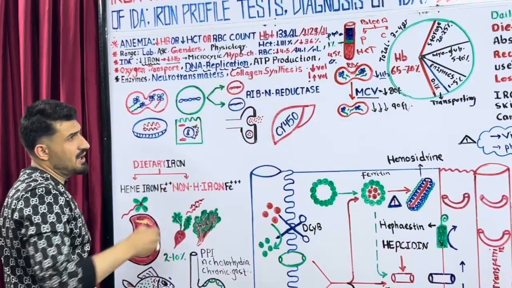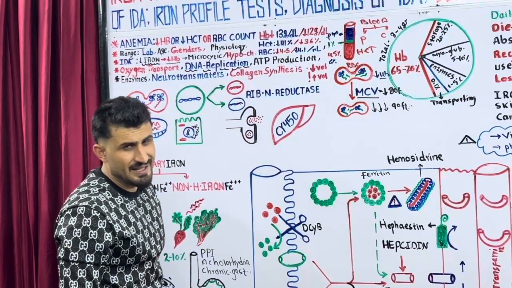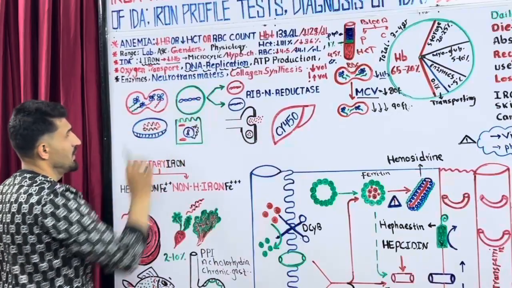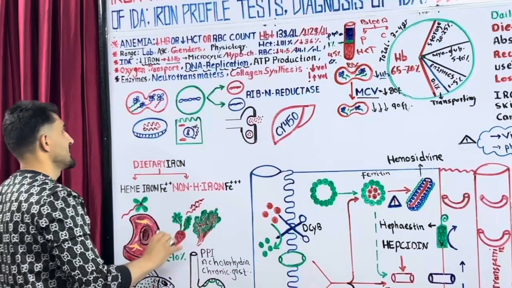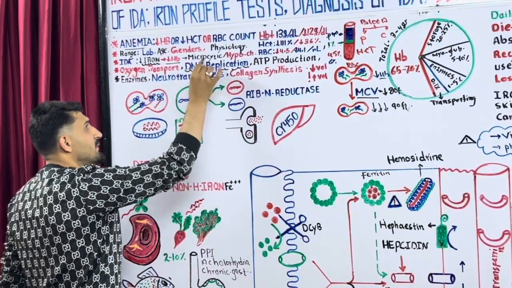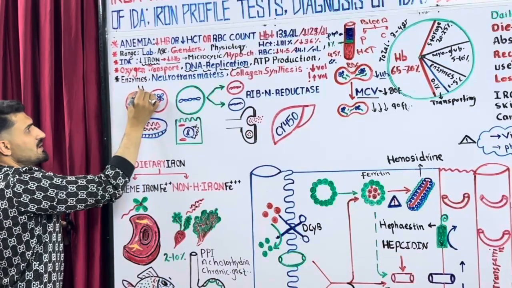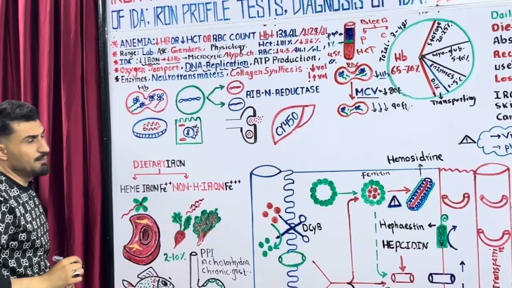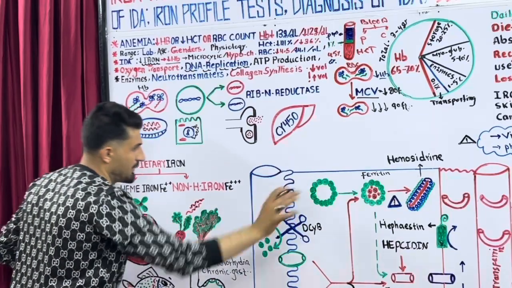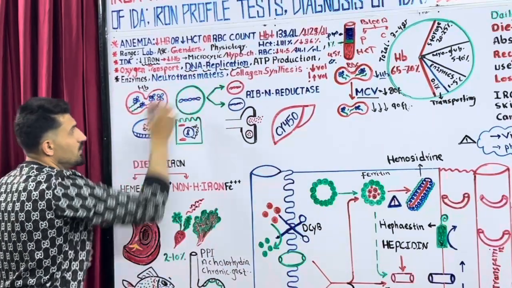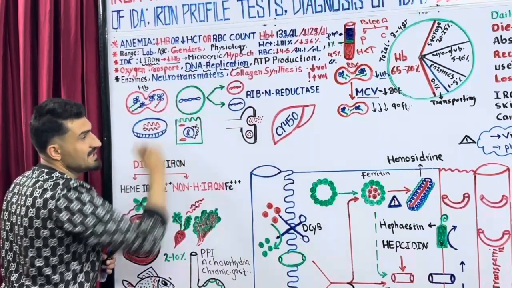These are so important because later on when we talk about signs and symptoms, we need to know about these things. First, we need iron in hemoglobin for hemoglobin synthesis. We'll talk about it later on. Then we need iron for DNA replication.